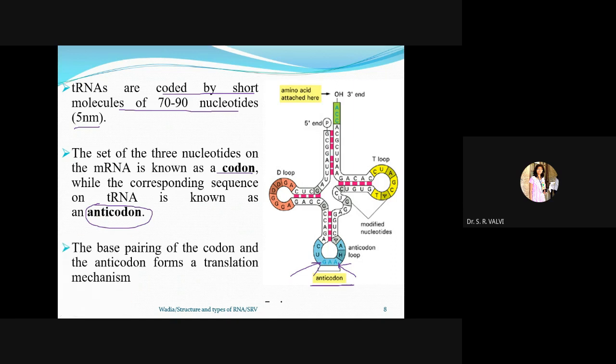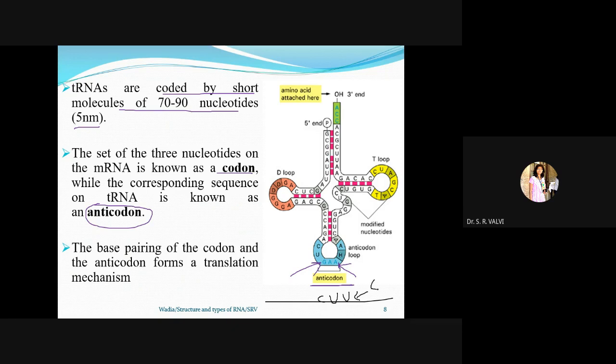Whereas suppose this is the mRNA which has this CUU.